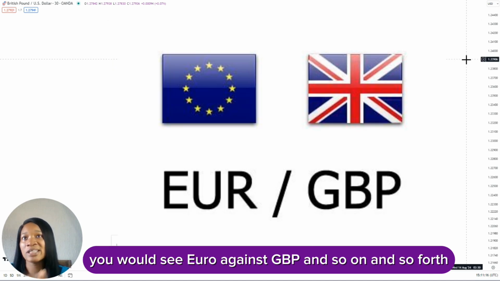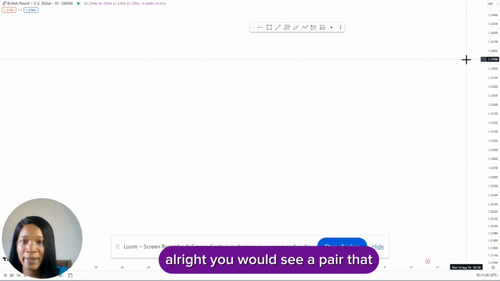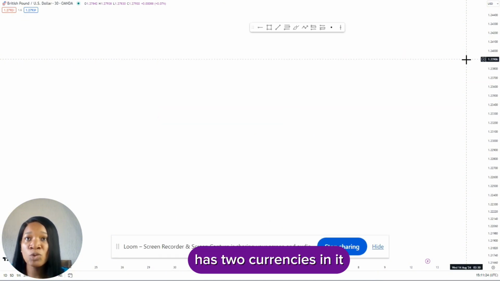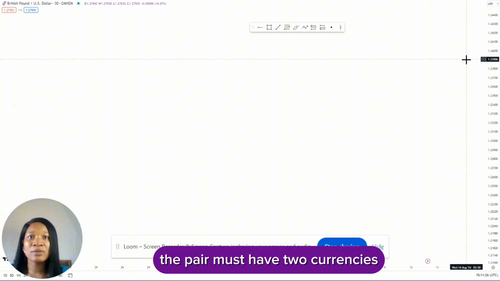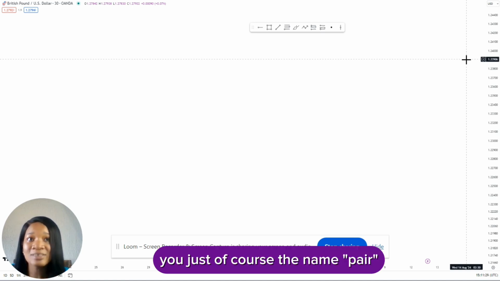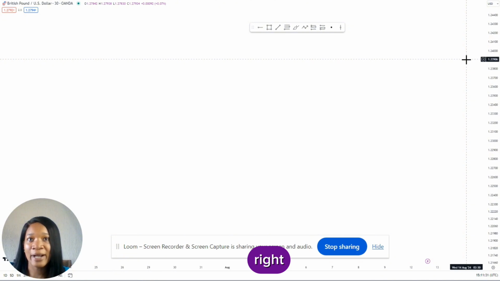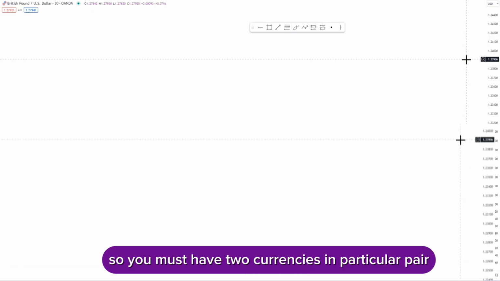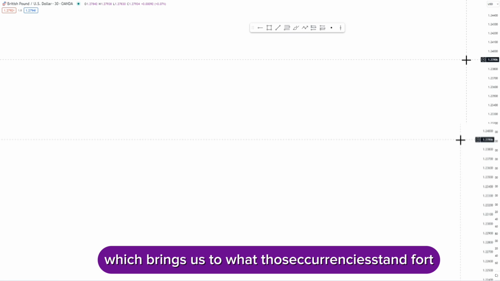You will see euro against GBP and so on and so forth. All right. You would see a pair that has two currencies in it. A pair must have two currencies. Of course, the name pair, all right, it means two, right? So you must have two currencies in a particular pair, which brings us to what those currencies stand for.